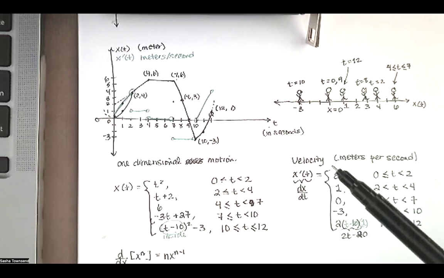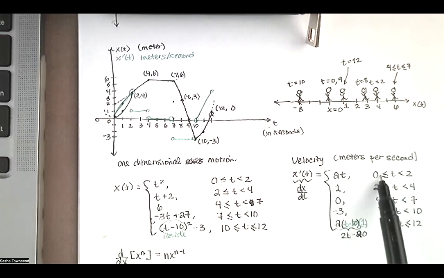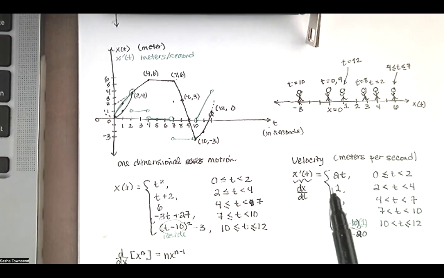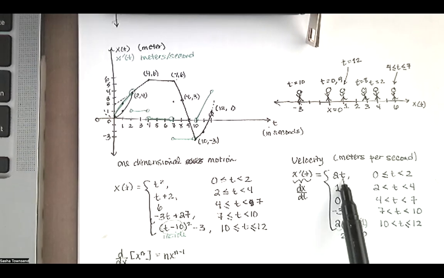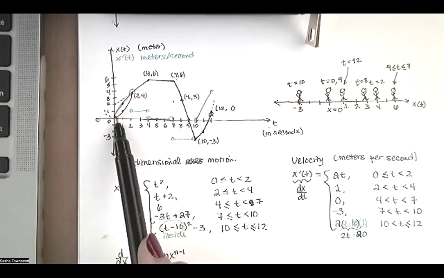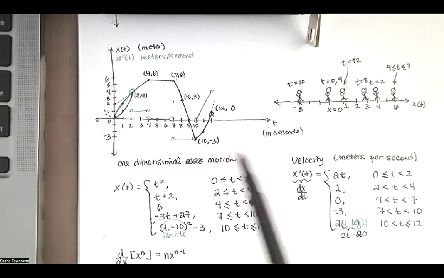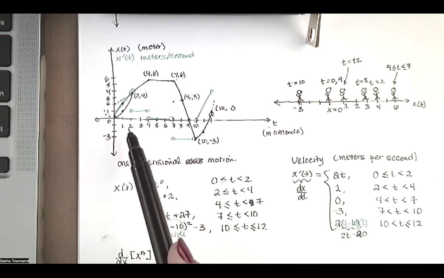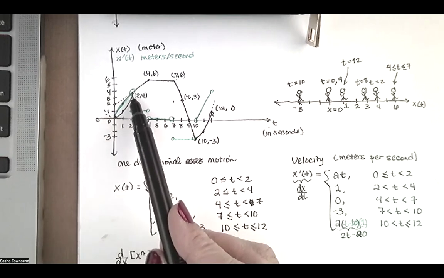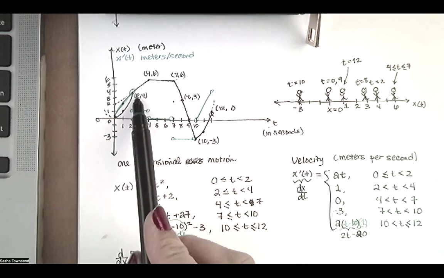But again, how do we interpret this? We're just saying on the interval from t equals 0 to 2 seconds, our velocity in meters per second is given by 2t. So at t equals 0, our velocity is 0, at t equals 1, our velocity is 2 times 1, which is 2, and at t equals 2, our velocity is 2 times 2, which is 4.